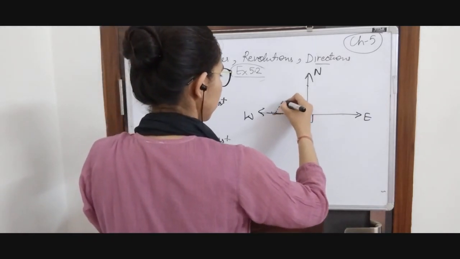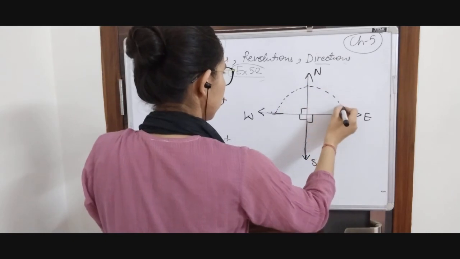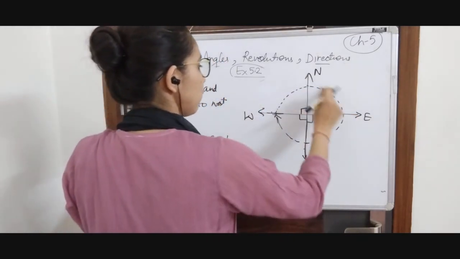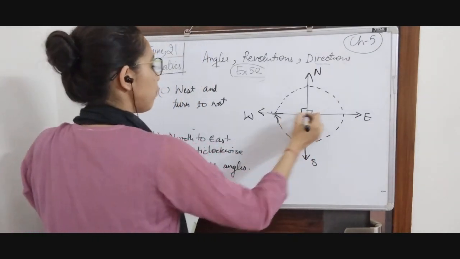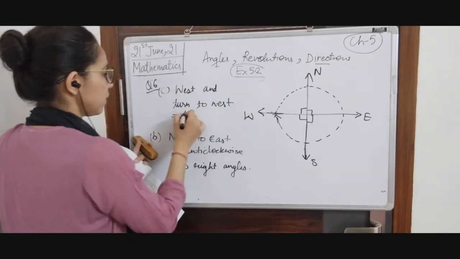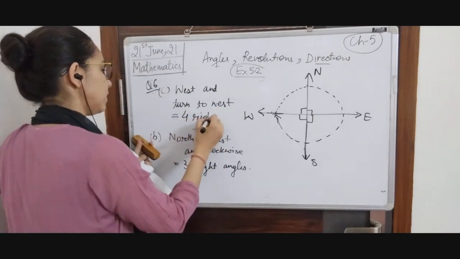He is again turning to west. So how many right angles? One complete revolution, that is 4 right angles.